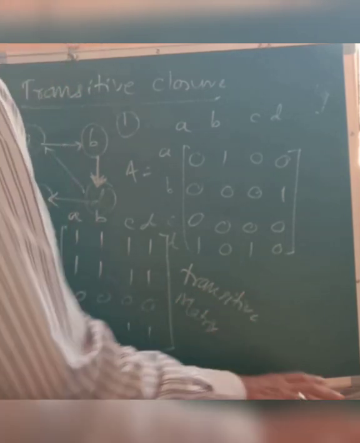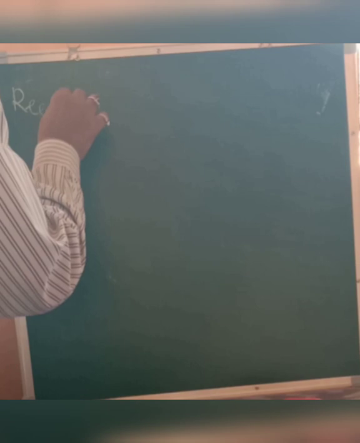So this is the second part of Warshall's algorithm. If you go to Warshall's algorithm, we have done the relation of the elements R of k to the elements R of k minus 1, so there is a recurrence.